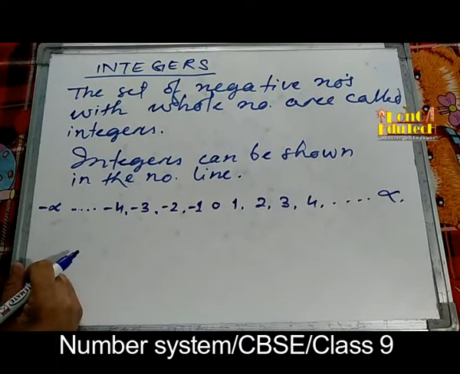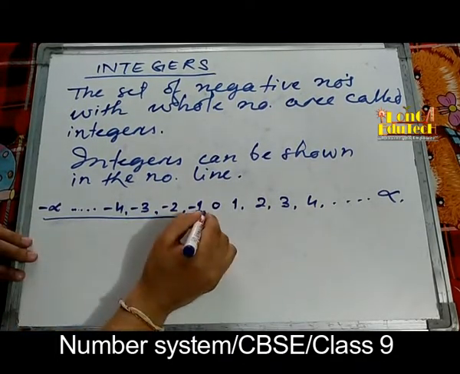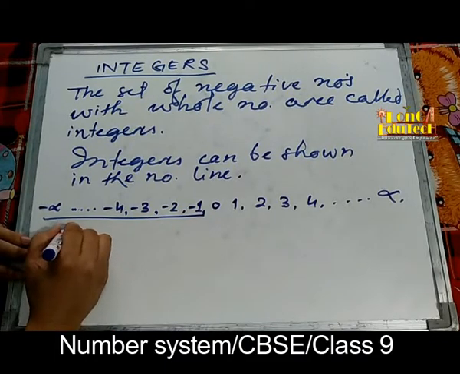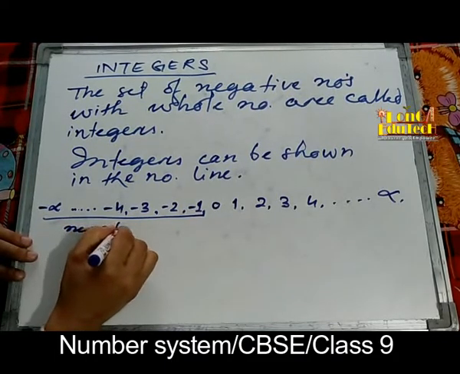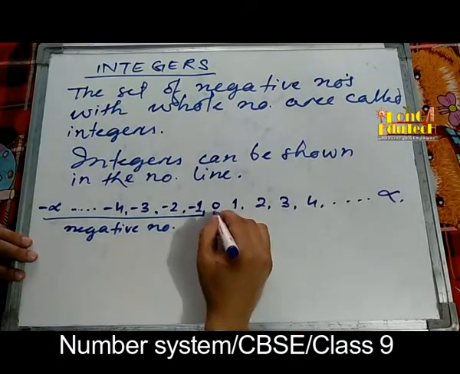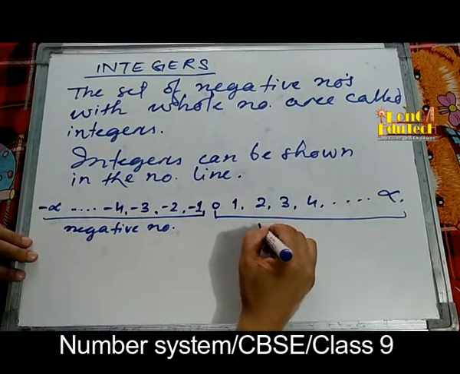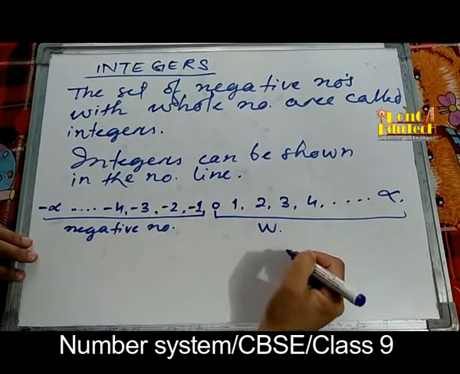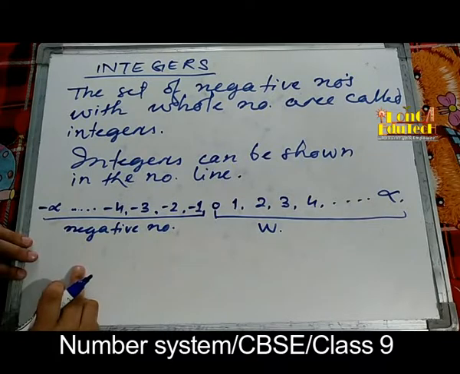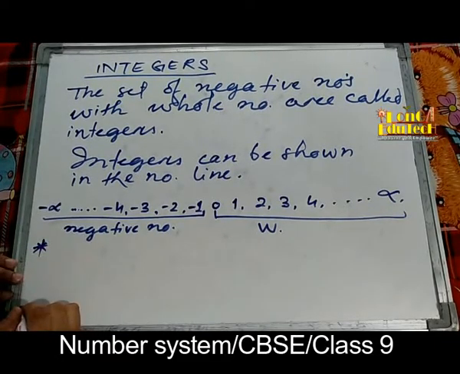So -1 up to infinity, they are known as negative numbers. And right from 0 up to infinity are called whole numbers. We can denote it by W.